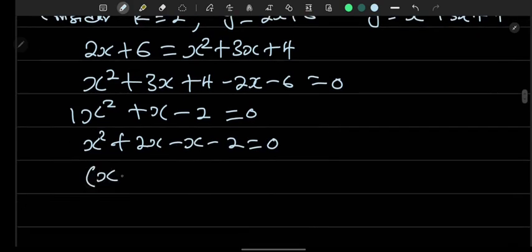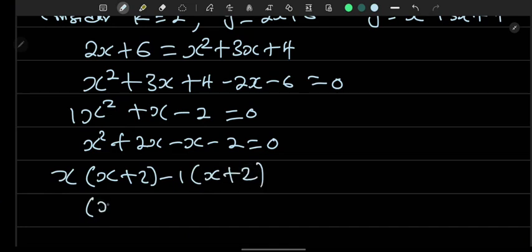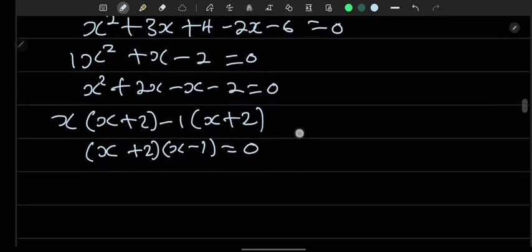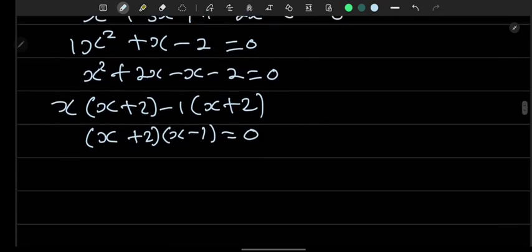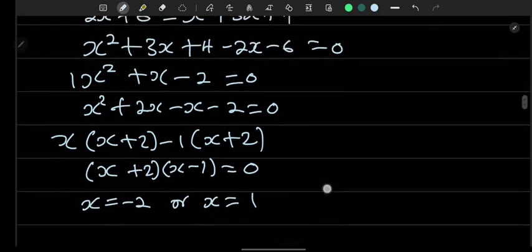Factorizing x out and minus 1 out, you have x plus 2 in both. So eventually you have (x plus 2)(x minus 1) equals 0. For a product of two factors to be 0, one of the factors must be 0, meaning that x equals minus 2 or x equals 1.